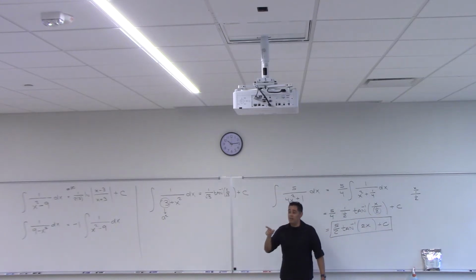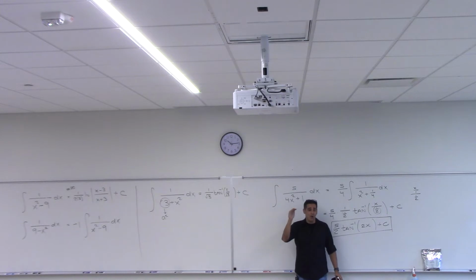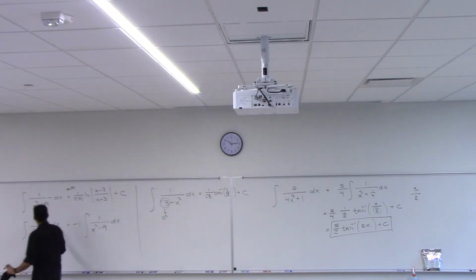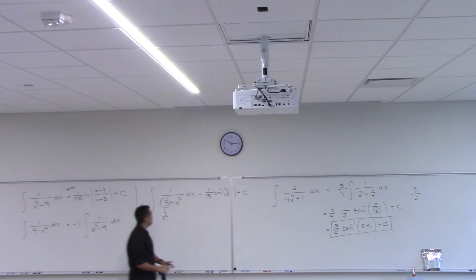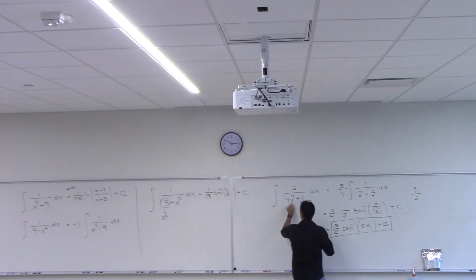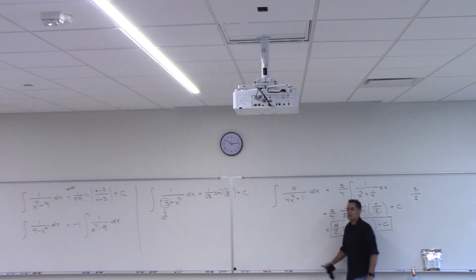So can we handle a constant over a quadratic if it's missing the x term? Can you think of any other combination that we could have that might cause an issue? I've shown you with the pluses between them, where this number is not a perfect square. I've shown you where you have a number in front of that x squared and you have to factor it out.